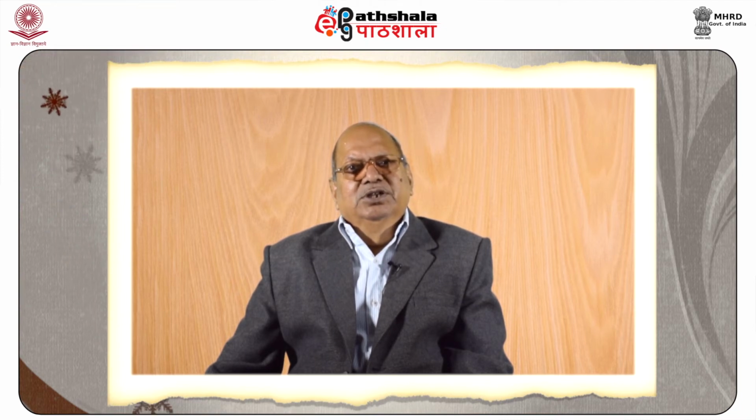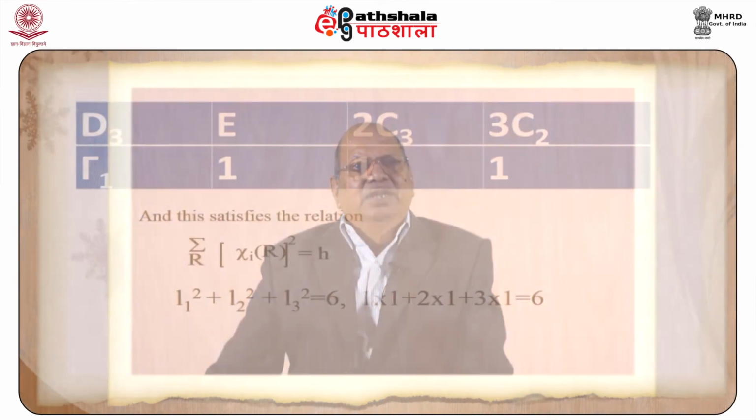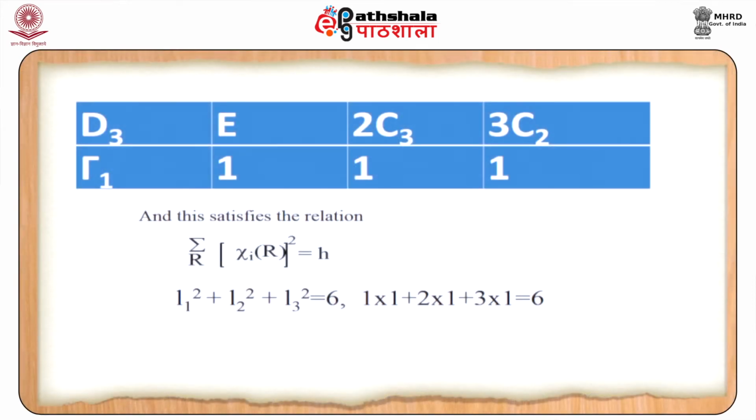By rule 6, we can write down the D3 table, with operations E, 2C3 and 3C2. Gamma1 is 1, 1, 1, and these satisfy our equation, summation over R of chi(R) squared is equal to h.